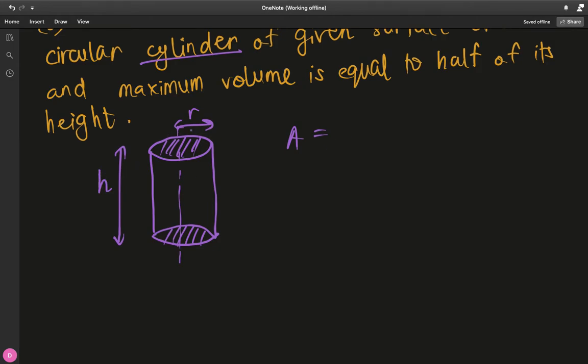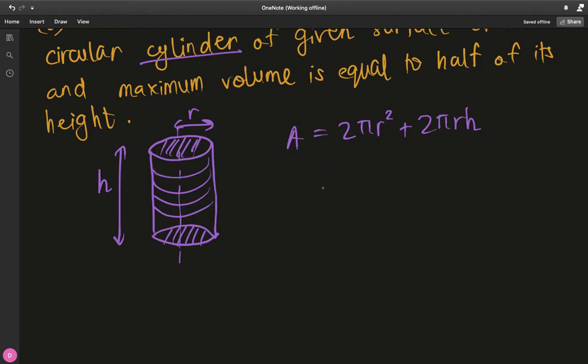The area of both these circular tops, pi r squared plus pi r squared, is 2 pi r squared, and then the rectangle along the length will be 2 pi r h, because we just want this surface like this.